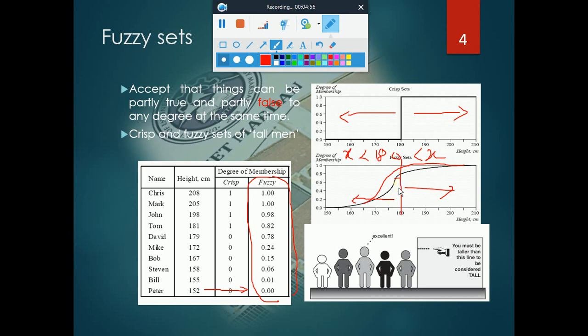into different values. For example, if we say that a person having more than 200 centimeter height is tall, and having 152 centimeters height is short, then the rest of these values we categorize into a membership.